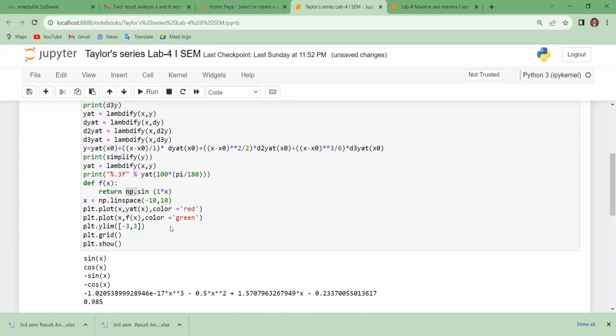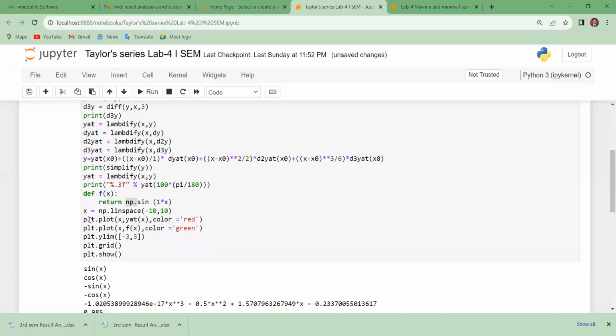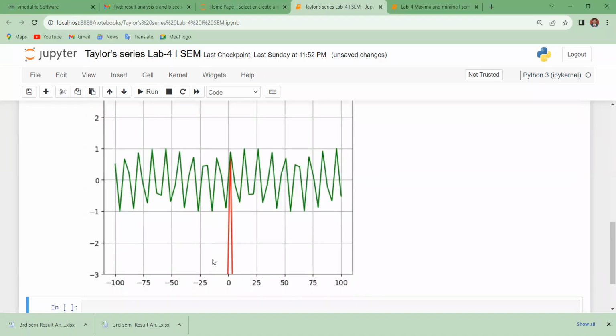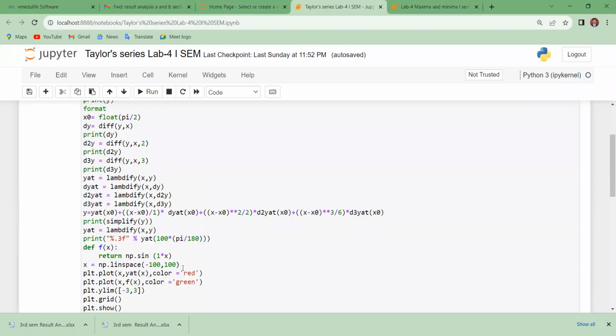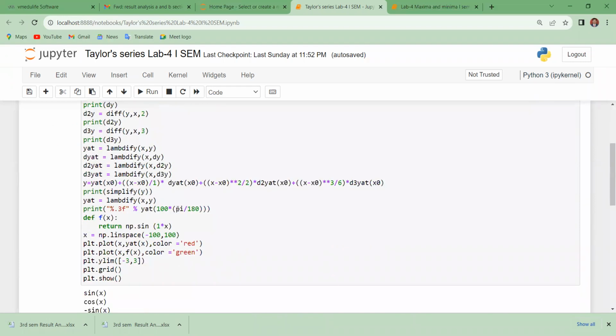It came. Okay, so x is equal to np dot linspace. Linspace you can take any number. I will take 100, then run. With a larger number of divisions, say 1000, we can run.